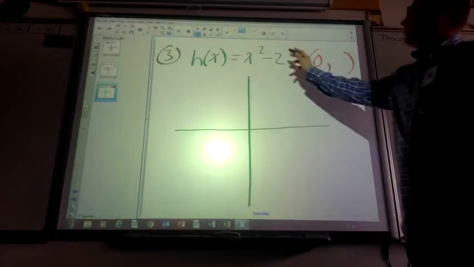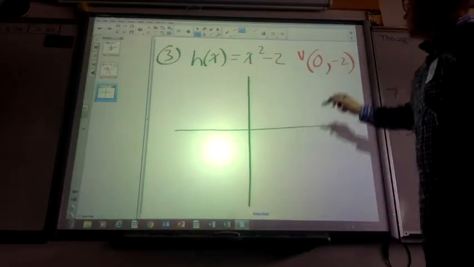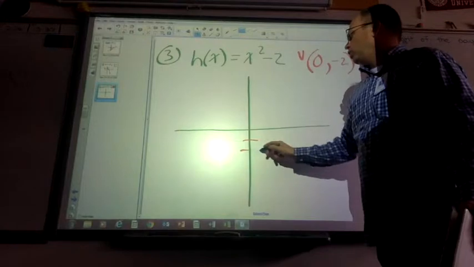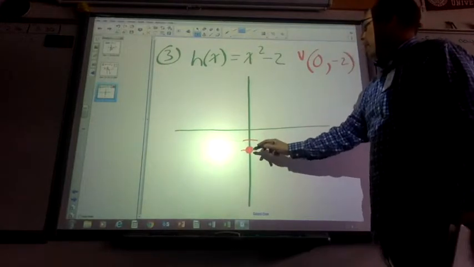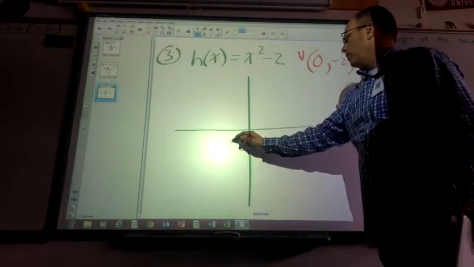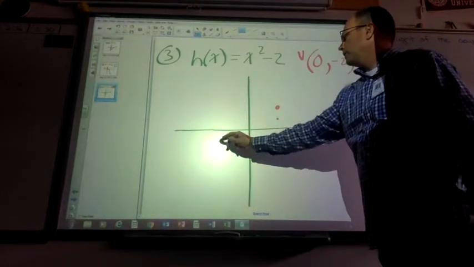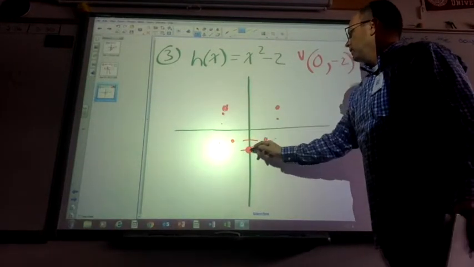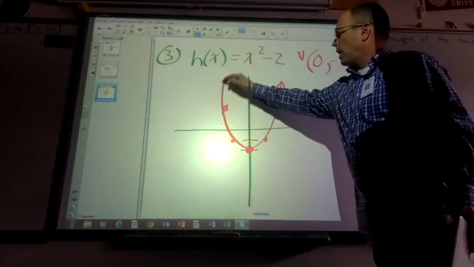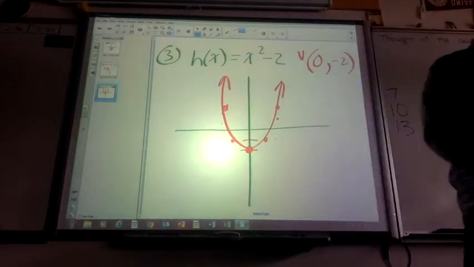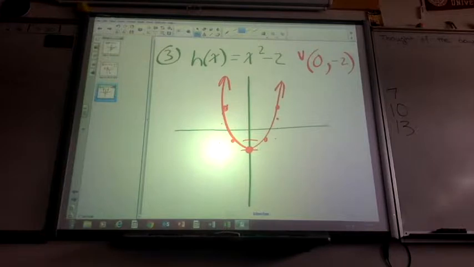If that's the case, plug 0 in, 0 minus 2, I get this. So 0, -2 is right here. Pattern graph, right one up 1, left one up 1, right one up 3, left one up 3. There's our parabola.